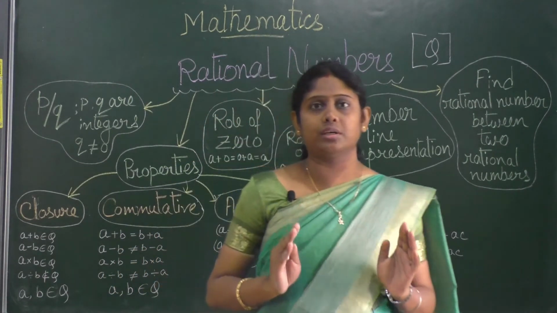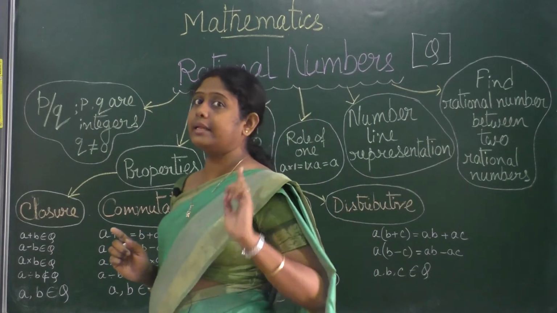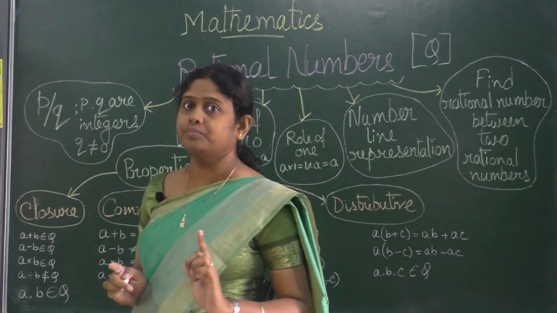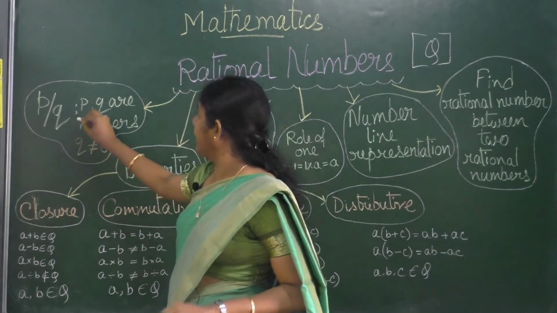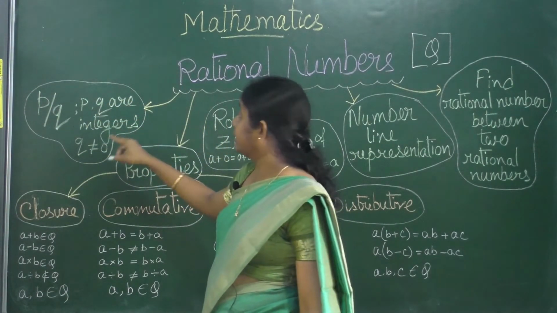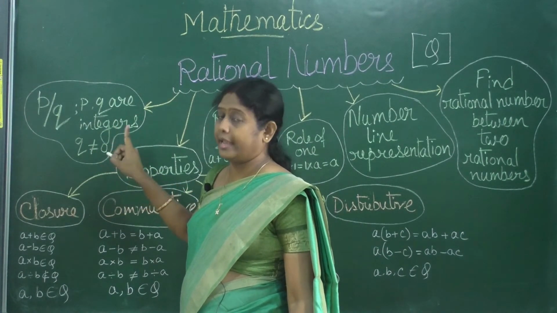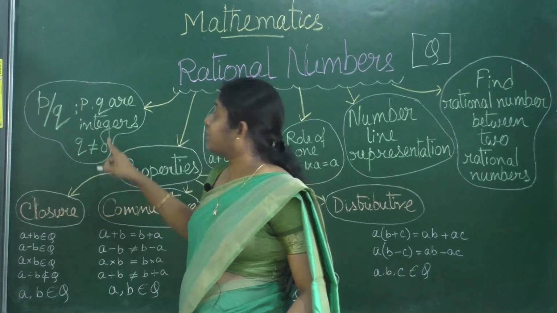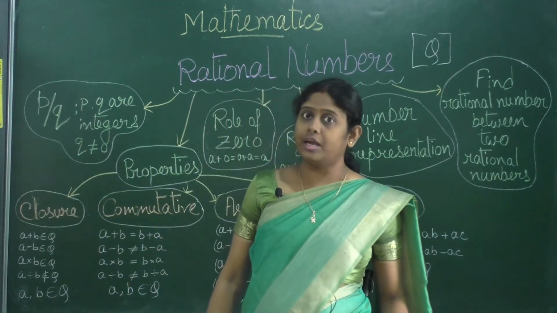Now we are going to learn a new set of numbers in p by q form. The number p by q form, where p and q are integers and q should not be 0. Again I am repeating, q should not be 0. This type of number we call a rational number.